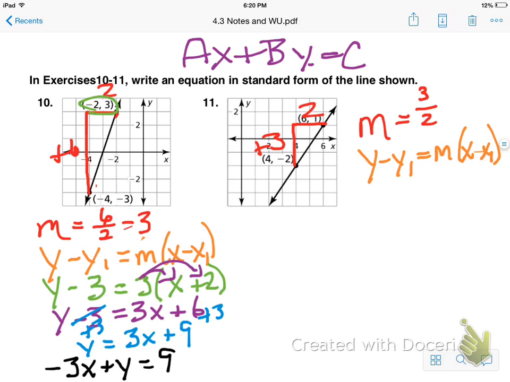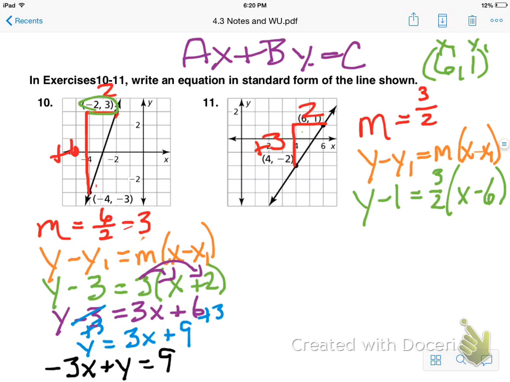And I'm going to do, let's do the positive coordinate. Let's do 6, 1. So if I use 6, 1, here's my x sub 1, there's my y sub 1. So I'm going to do y minus 1 equals the slope times x minus 6. Again, don't worry about the fractions. You can always use a calculator if you're not comfortable with multiplying fractions yet.